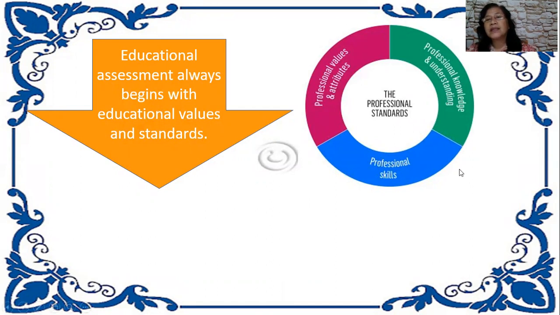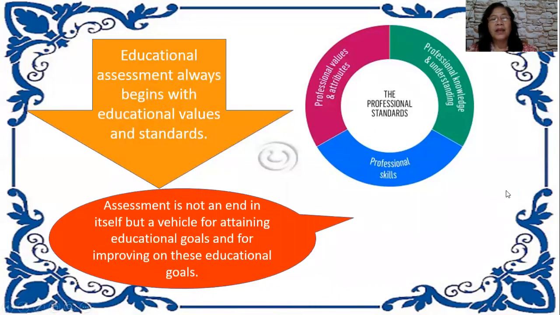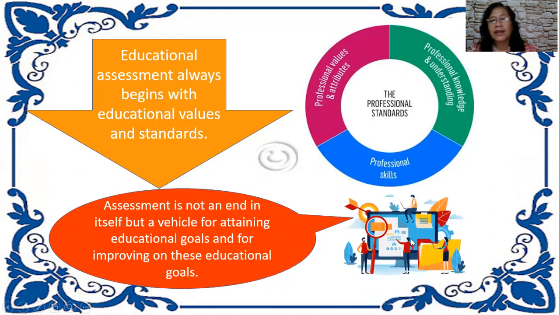That is very necessary for attaining professional standards. You have the skills, and you have the values, and you have the knowledge. Combining all this, you have a very soft spot, which is very important for the development of your personality. So assessment is not an end in itself, but a vehicle for attaining educational goals and for improving in this educational system.